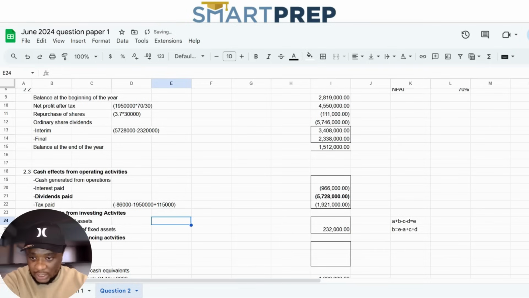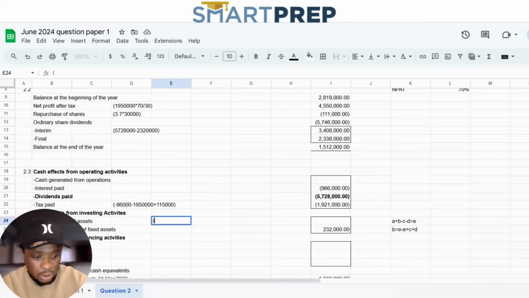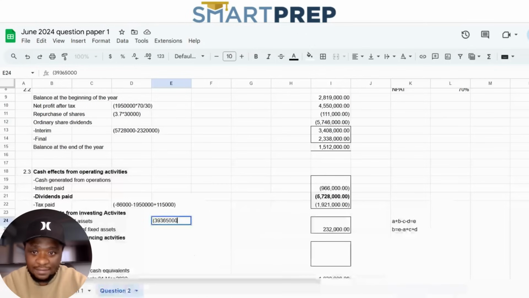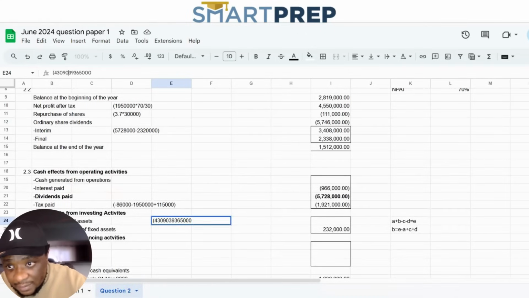So let's do that. The balance at the beginning for fixed assets, let's go and find it. Fixed assets at carrying value, 39,365,000. Okay, cool. I think I've done this wrong. We're going to start with the balance at the end, which is 43,095,000.